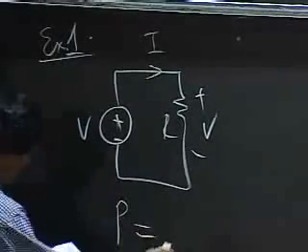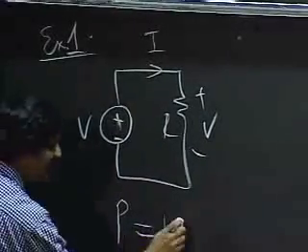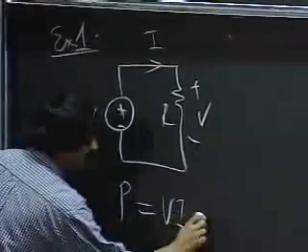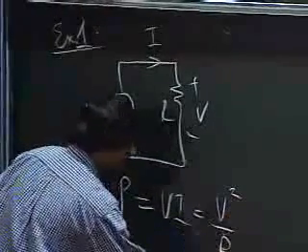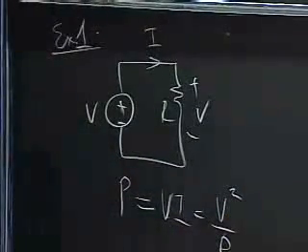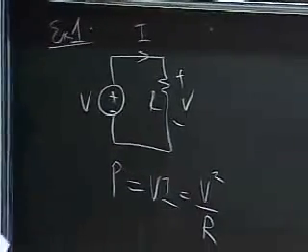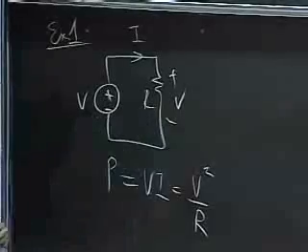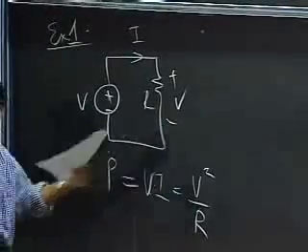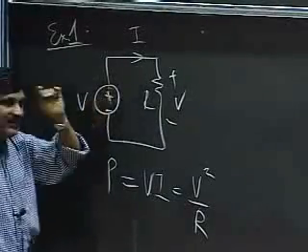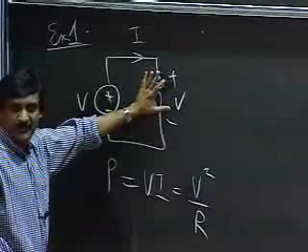And the power is simply given by VI, which is simply V squared divided by R. This is in the very first chapter. That's the power that is dissipated by the resistor, simply V squared divided by R.